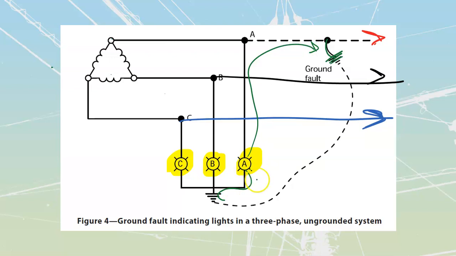No potential value of voltage. Therefore, this A light is going to go dark. The other two lights are actually going to become brighter.